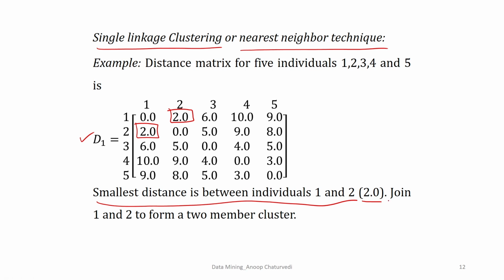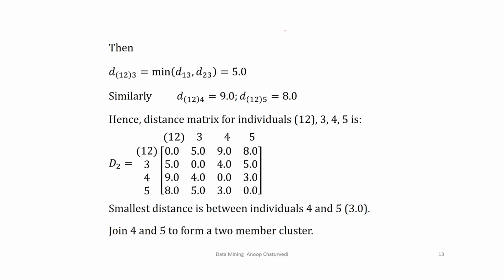And then we join 1 and 2 to form a 2-member cluster. So, we combine these two, and at what distance we combine 1 and 2? It is 2.0. So, you have this cluster 1, 2, and the remaining elements are 3, 4 and 5.